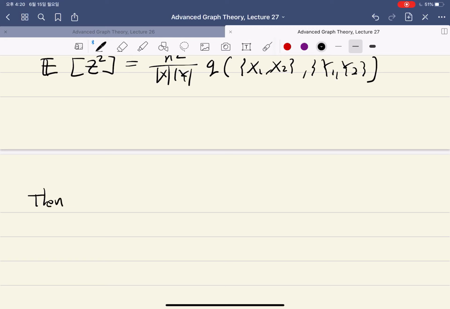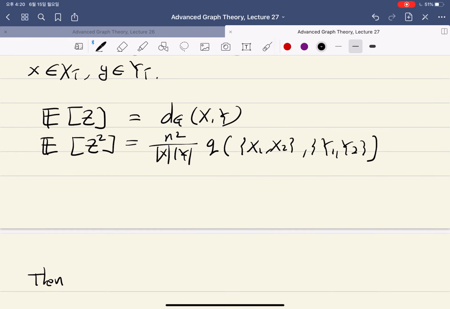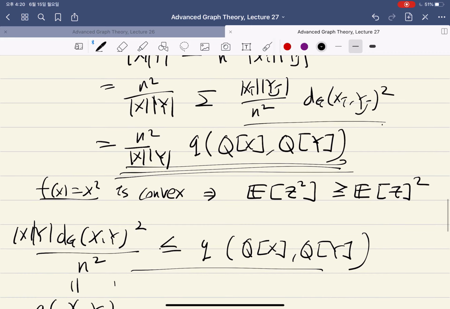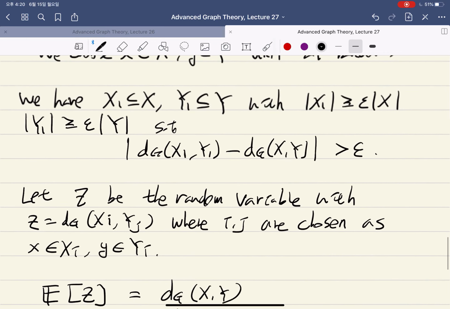Now what we want to do is try to measure the difference between these. As we mentioned before, we always know that this is bigger.